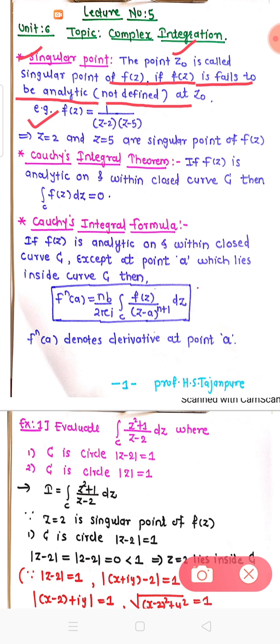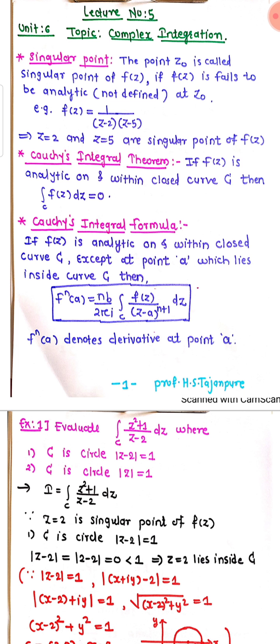Then for z equal to 2, the denominator is 0, meaning the function is not defined, 1 upon 0, that is infinity. For z equal to 5 also, the denominator is 0. This implies that z equal to 2 and z equal to 5 are the singular points of f of z.